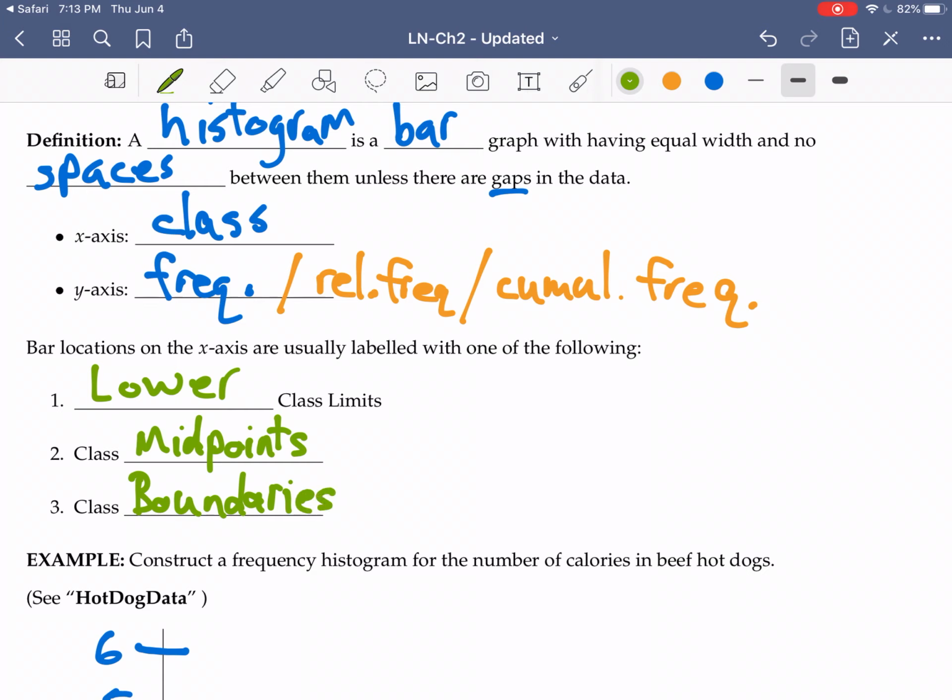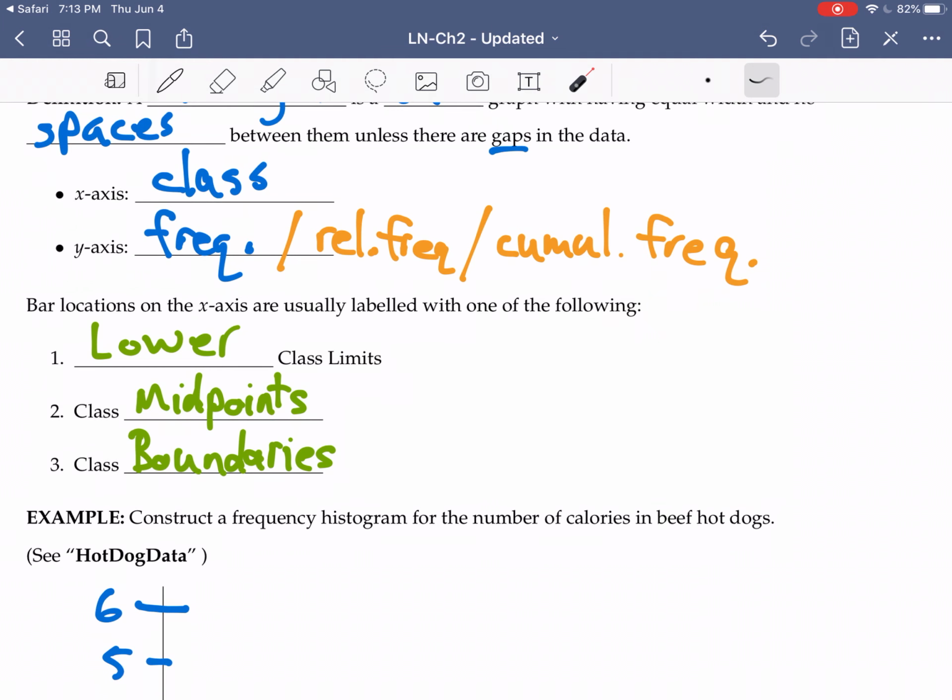Here, I'm going to create this using the lower class limits. That's the easiest one to use, I think, if you've already created a frequency distribution. I think the class boundaries really make the most sense, and I'll talk to you about the reason why in a moment. But we're going to use the lower class limits here.